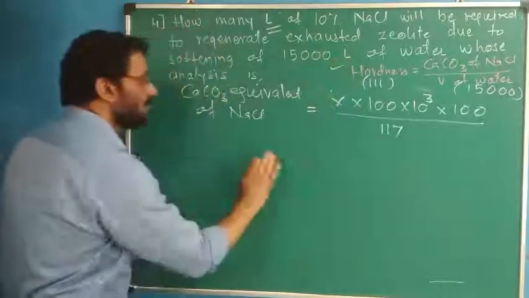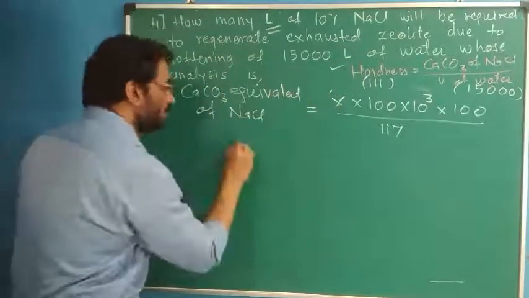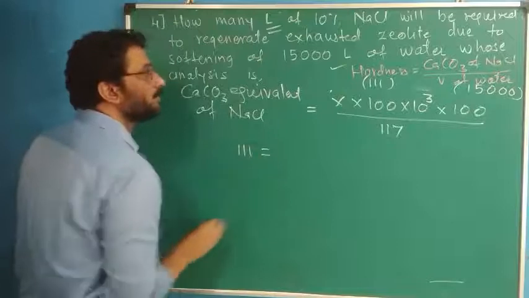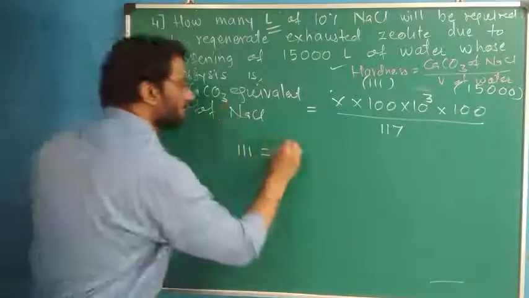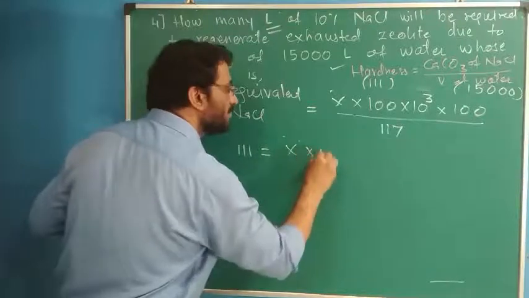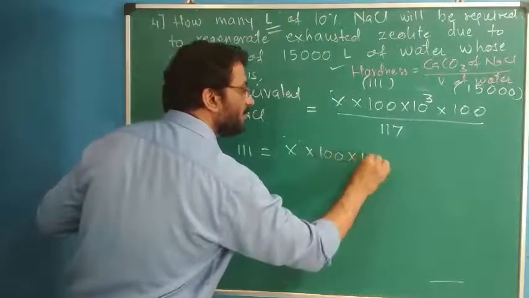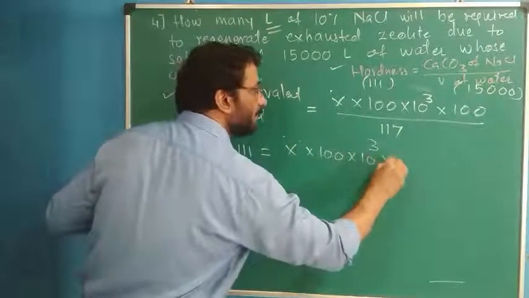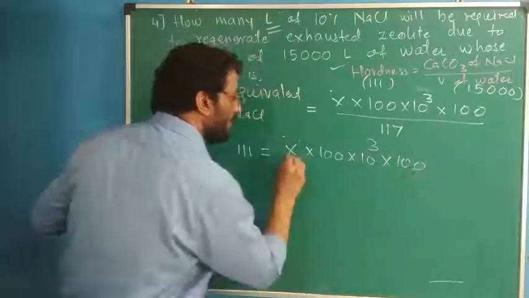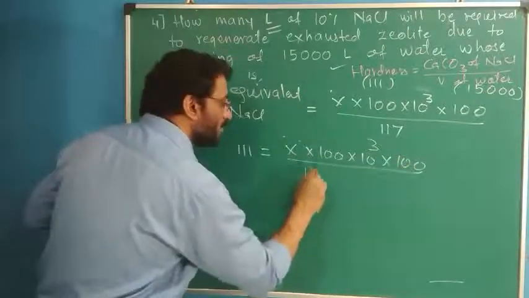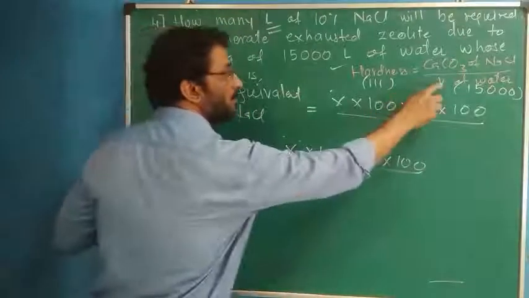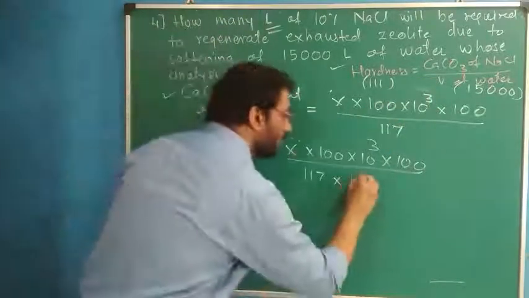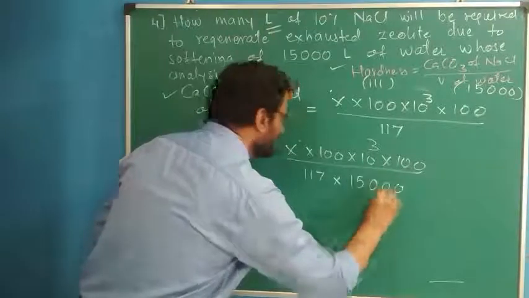Put the values. It will be, I will put it 111 is equal to CaCO3 equivalent of NaCl. So X into 100 into 10 raised to 3 into 100 divided by 117 into volume of water, that is 15,000 liter.